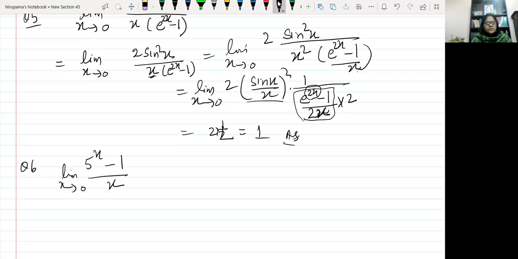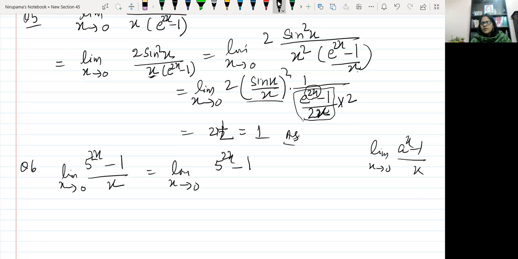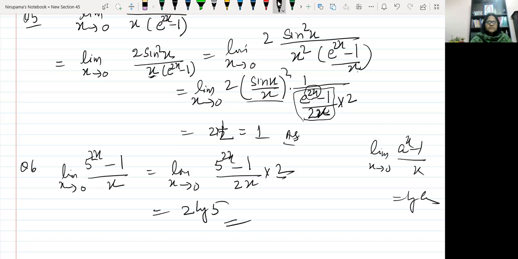If I write here 2x for example, then you can write limit x approaches 0, 5 to the power 2x minus 1. We have limit x approaches 0, a to the power x minus 1 by x log a. So we can have 2x here, into 2. Right? So it means 2 into log 5. That is the answer.